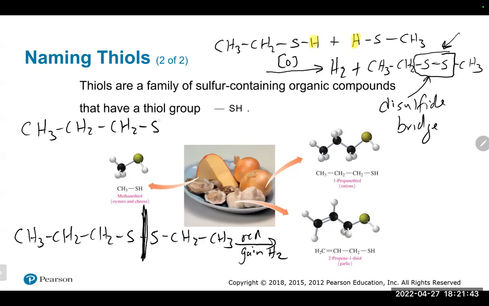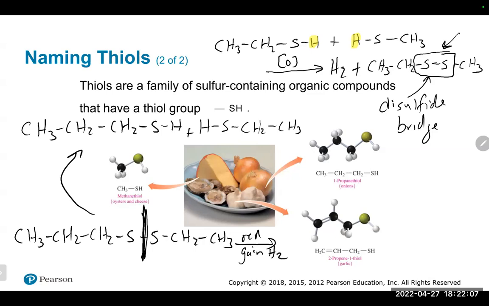Which is good because we put in two hydrogens. So there's one hydrogen. Then I'm going to draw what's on the other side. And that guy also needs the second hydrogen, right? So we just put a hydrogen in there to the sulfur. And then we pretty much just copy exactly what we got going on there. So this is the result of it when you break it back apart with a reduction reaction.